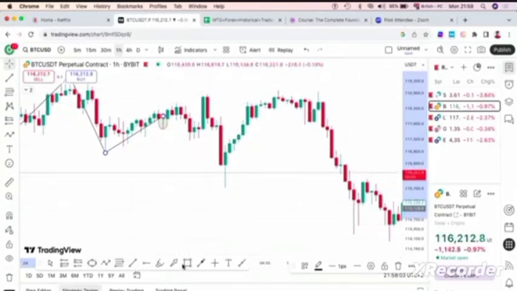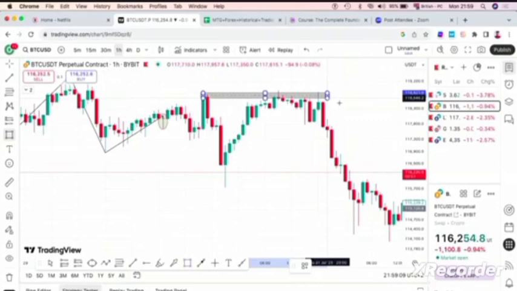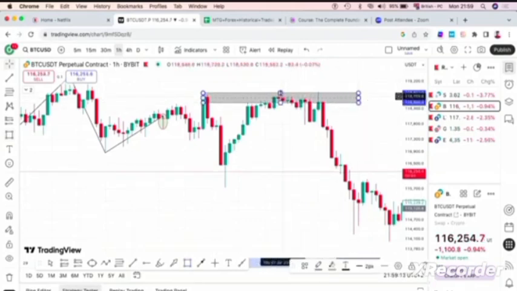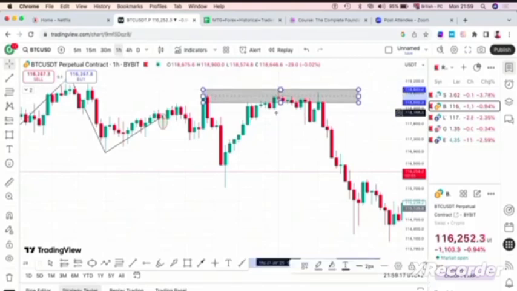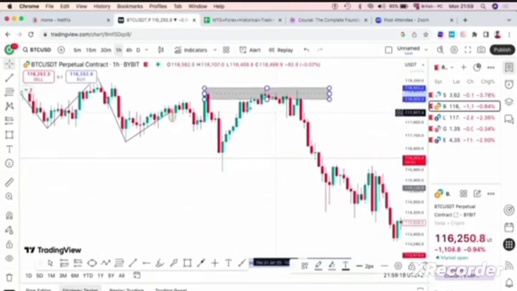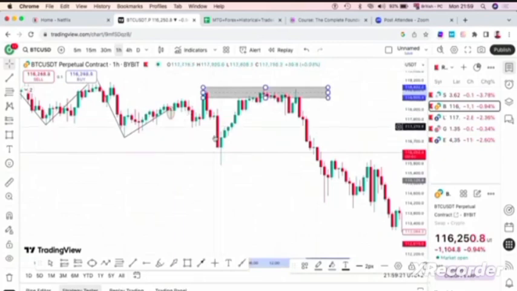If we mark out our support and resistance level, just doing some price action, you'll see that on a downtrend, when you have a doji, it's an indication that there is indecision in the market, and there should be a continuation in that direction, which is the downtrend.